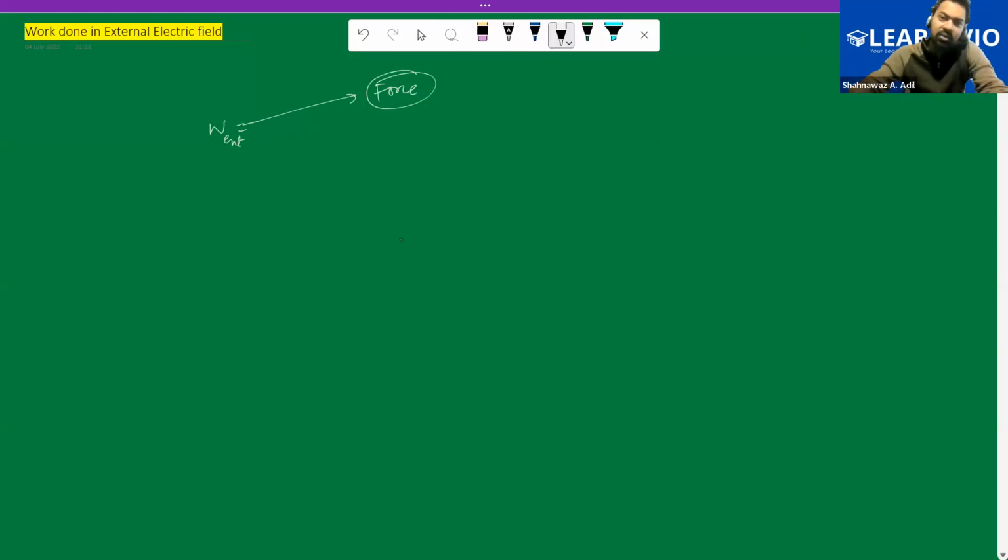Now, there can be different kinds of force. This force can be uniform. This force can be variable. So for different kinds of force, let's say for uniform force, work done would be simply what?